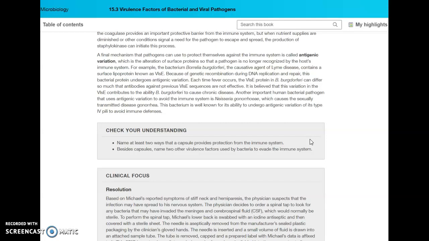So if you have a bacterium that wore a blue coat, and the immune system recognized that blue coat, then it would start to produce antibodies against the blue coat, and when it encountered those blue-coated bacteria, then it would attack and launch a response.